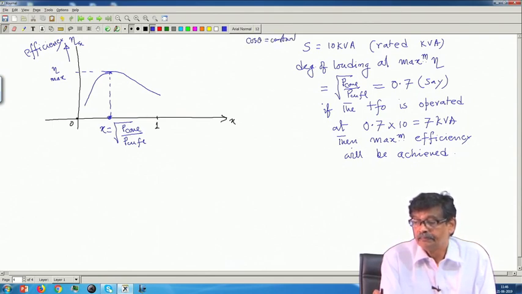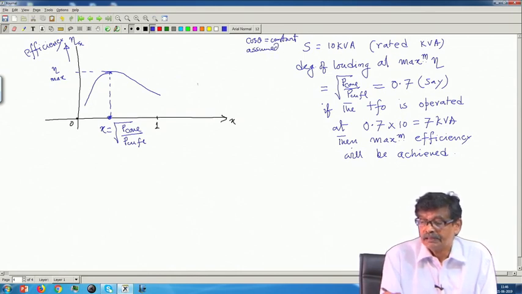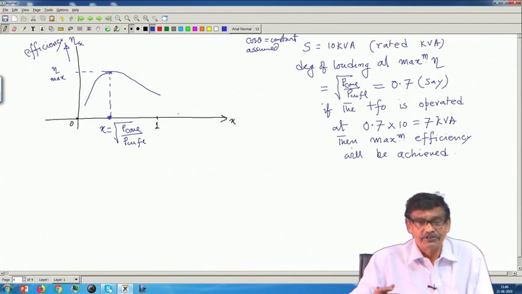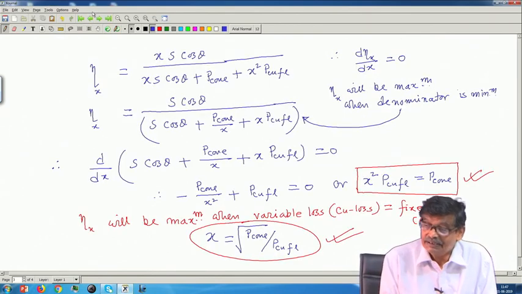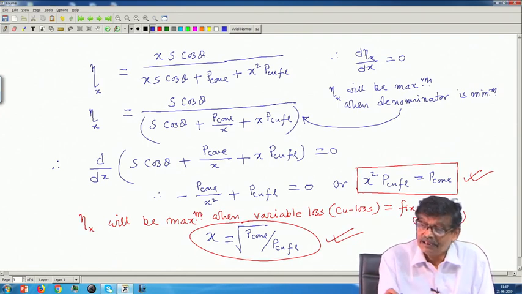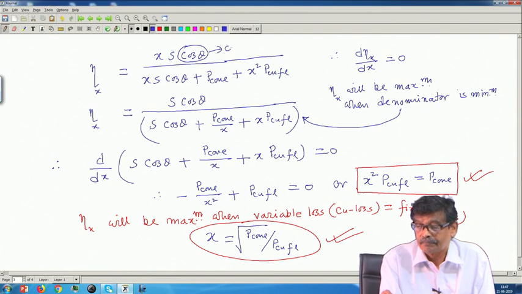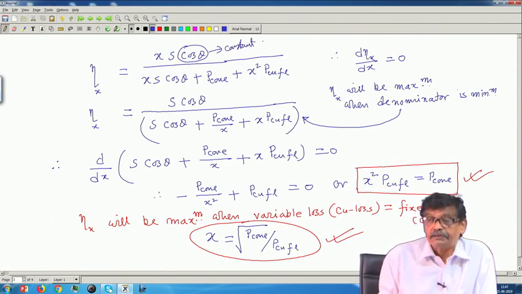That is why, while varying the load, cos theta was kept constant; recall that cos theta was assumed to be constant in this whole derivation.